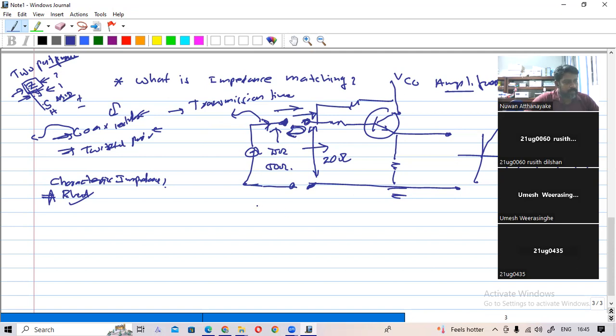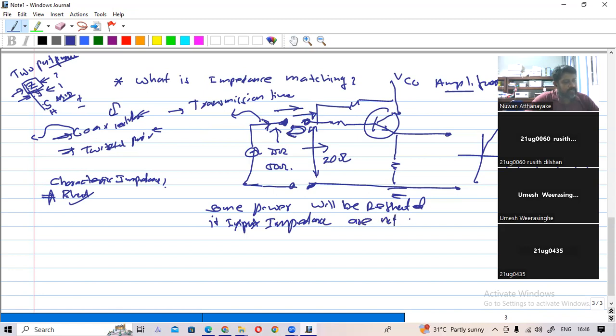That means some power will be reflected if the impedances are not matched.